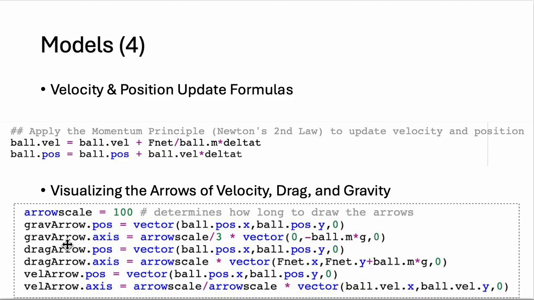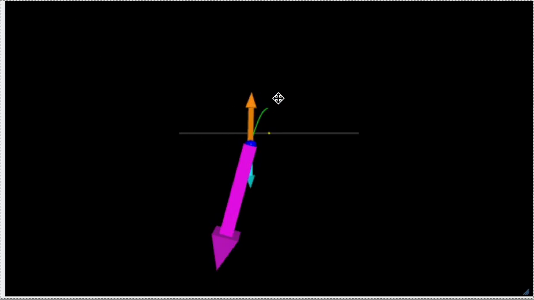In our arrows, it's simply plugging in the actual formula for that, and the position of where that arrow is placed is just the position of the ball at that spot. That comes out shown like this, where this green line is the trajectory of our ball, the purple line is our velocity, the cyan line is our force of gravity, and the orange one is our drag force.